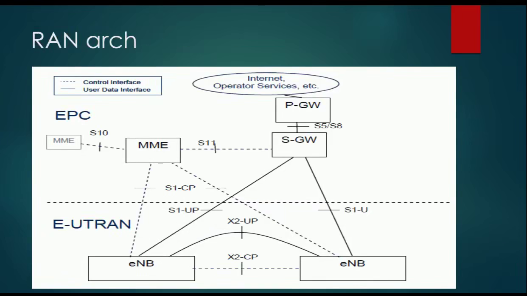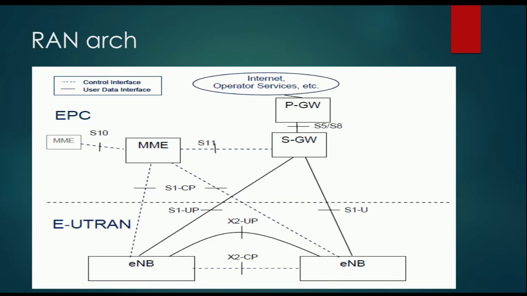Now we want to review the high-level architecture of radio access networks. In the radio access network, we have the cell tower, which you may know as BTS in 2G, Node B in 3G, and eNode B, or Evolved Node B, in 4G or LTE.